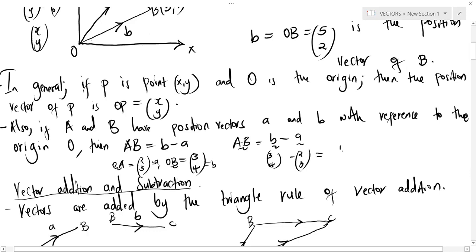Subtract the upper part, 3 minus 2, that is 1, and 4 minus 3, that is 1. So basically, that's how we go about the position vectors.